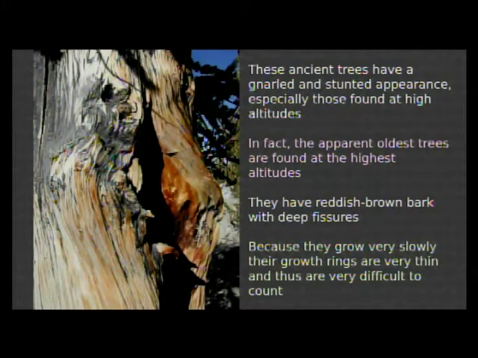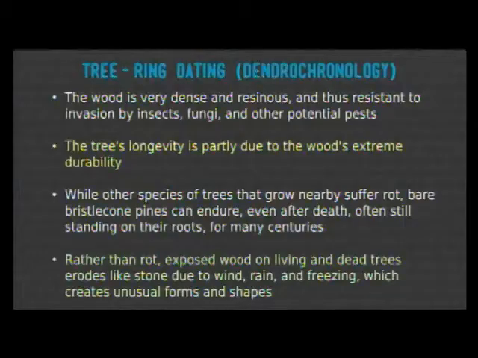They have reddish-brown bark with deep fissures. Because they grow very slowly, their growth rings are very, very thin, and they're exceedingly difficult to count. The wood is very dense and resinous, resistant to invasion by insects, fungi, and other potential pests. The tree's longevity is partly due to the wood's extreme durability.